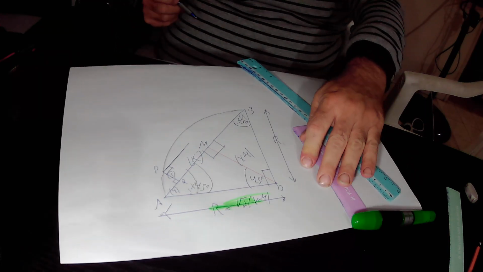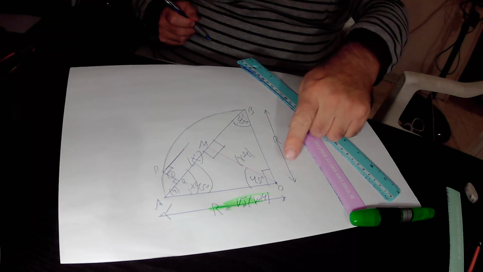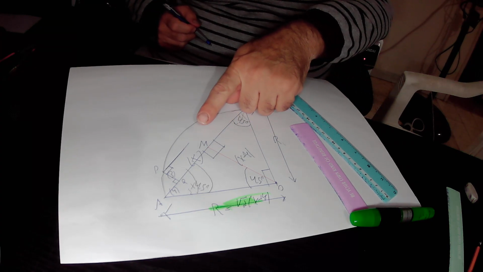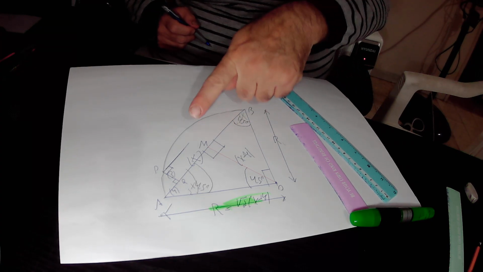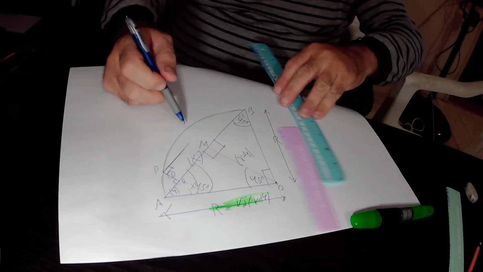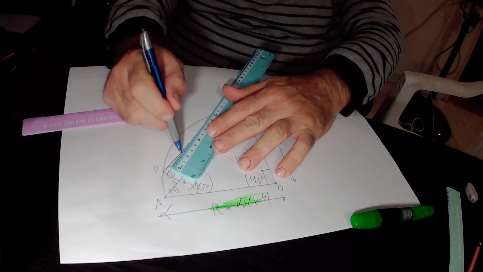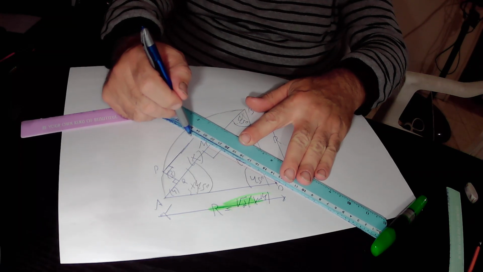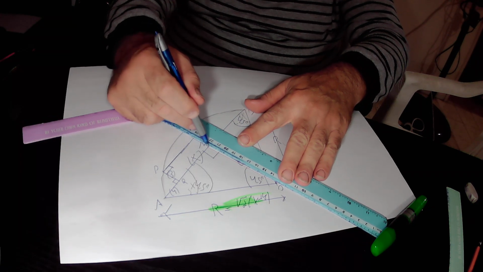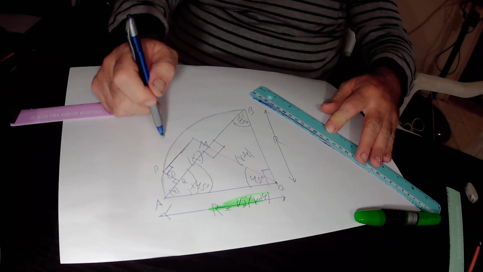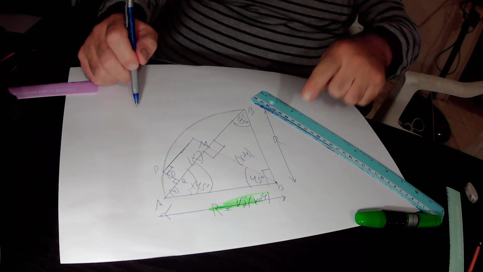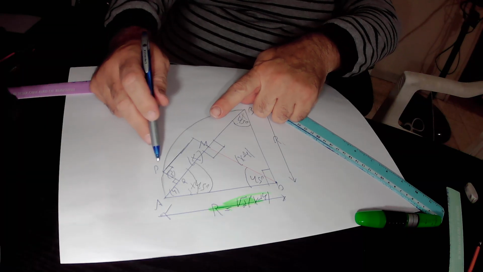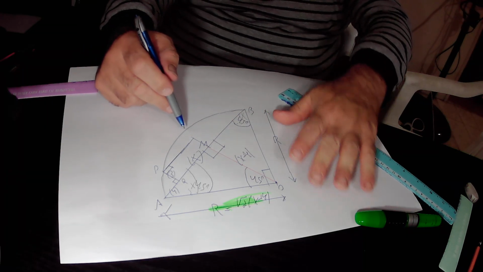And we will extend line segment OM until it touches the perpendicular from point P. We define the touching point of the extended side OM with the perpendicular from point P. This point is point N.